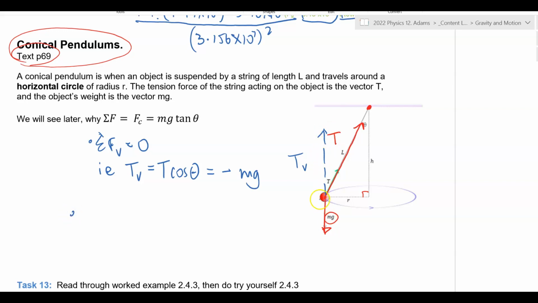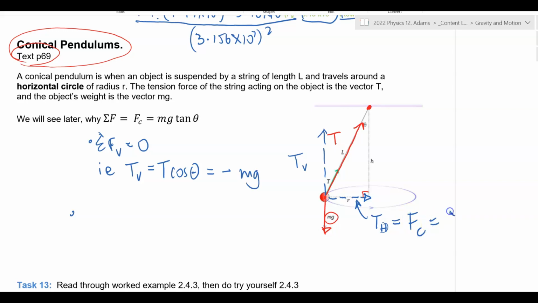So there's vertically. The second job that the tension has to do here is the horizontal component. You guessed it. I'll call it TH, or we could of course go X and Y, as we know. That is what supplies the centripetal force.